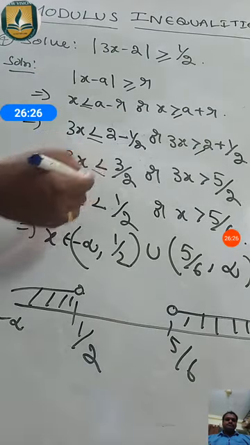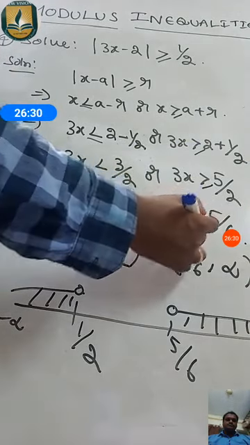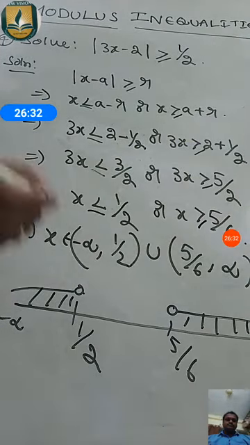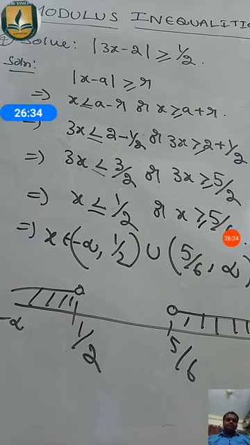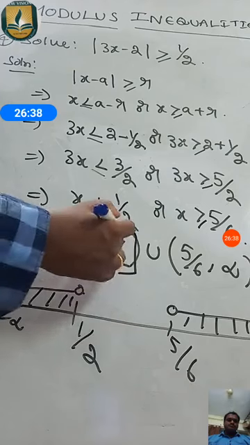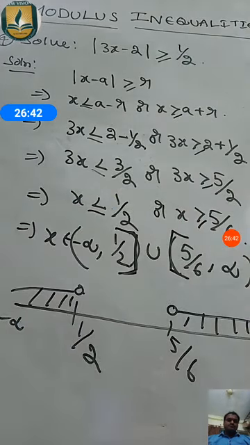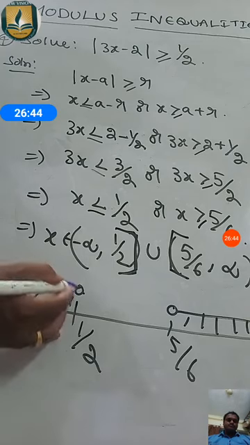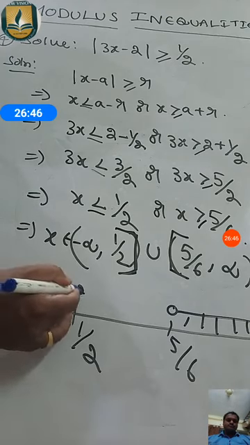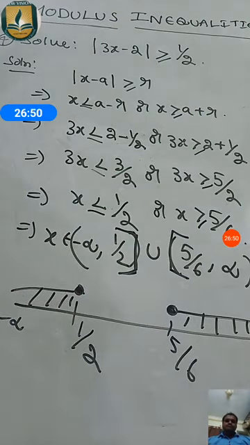Instead of the open interval, you are going to have a closed interval, and here 1 by 2 is included and 5 by 6 is included. Instead of the open circle, now it is filled up. This is the solution set.